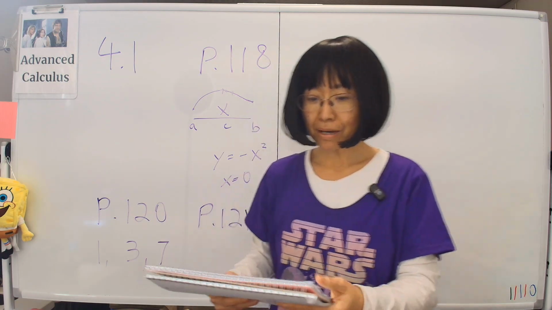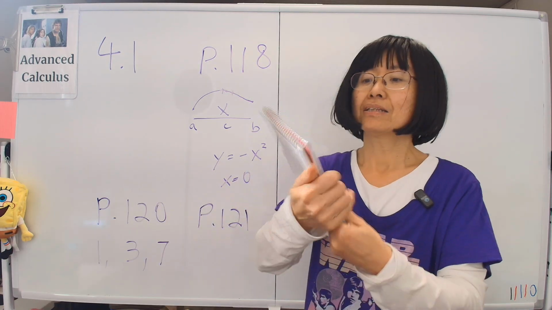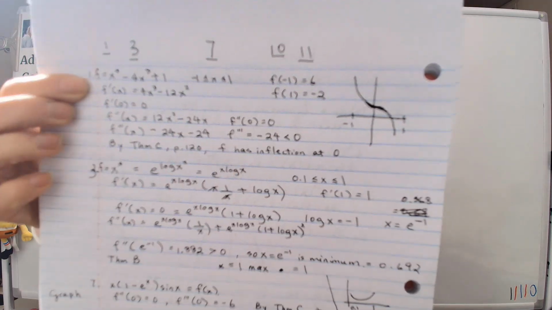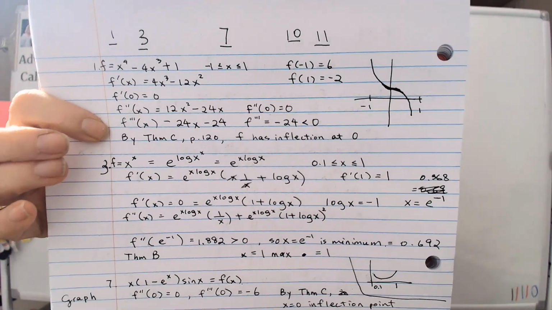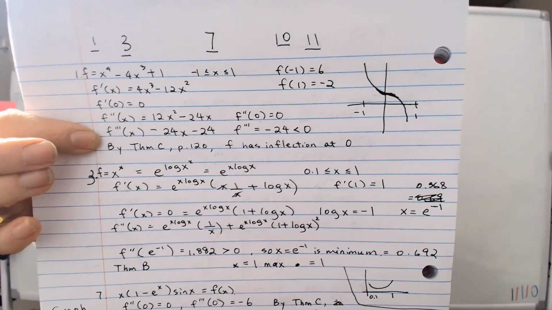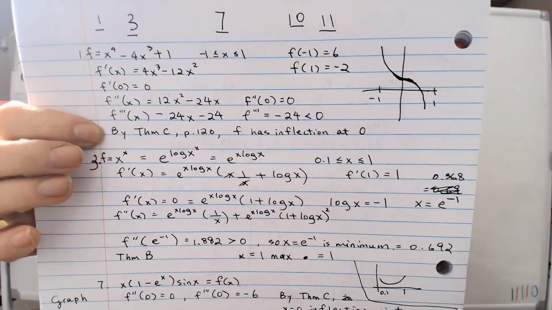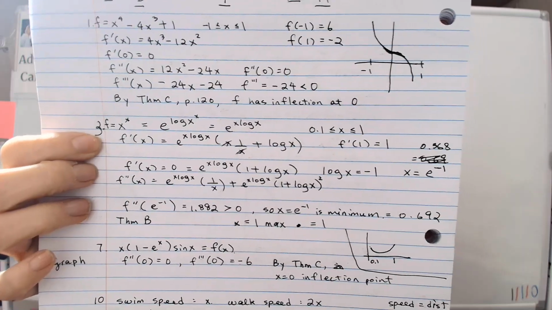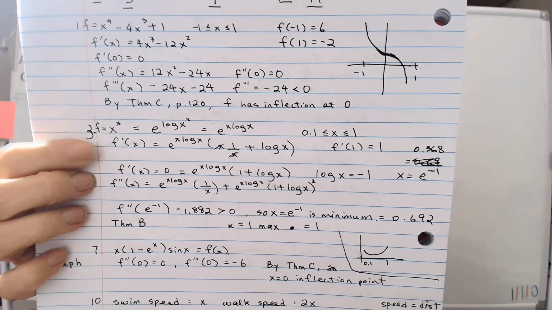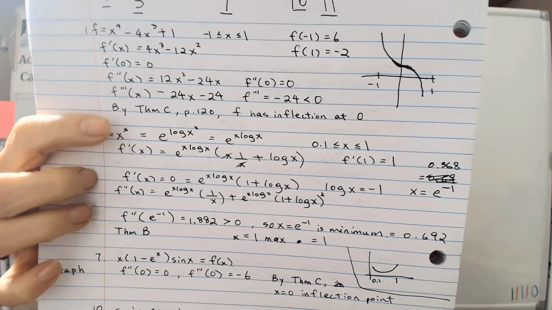So let's talk about homework problem 1 on page 121. Problem 1 is very standard, similar to what we did in Calculus 1, so I won't go into detail here. I think I end up calculating an inflection point. And then problem 3, similarly, there is a function. The only hard part here is you have to remember how to take the derivative of x to the power x.